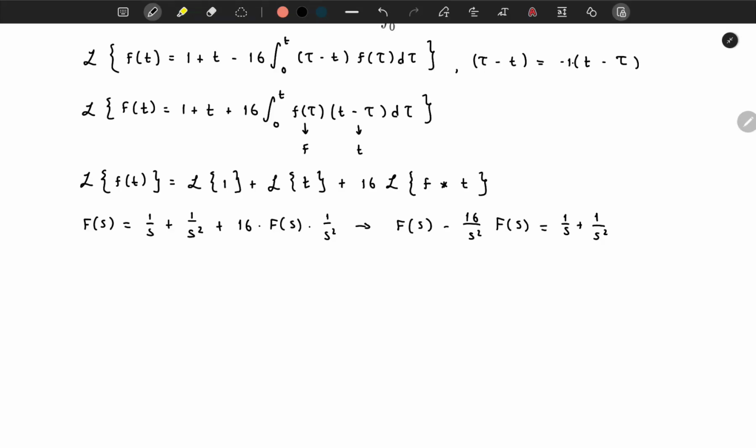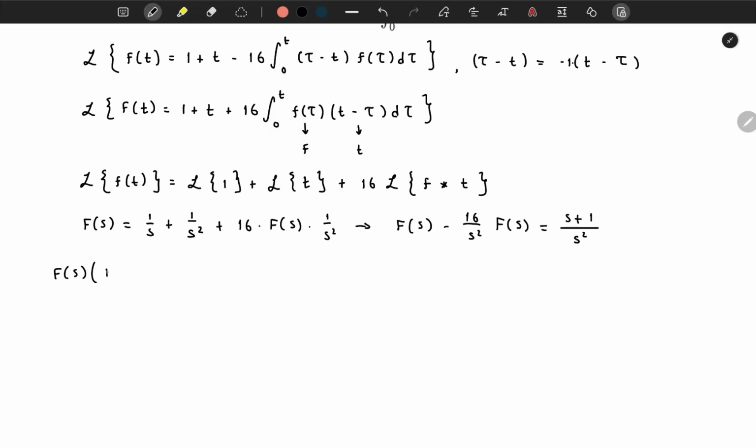And technically we can merge these two by getting the same denominator. We would just multiply s here, and essentially we would get s plus 1 over s squared.